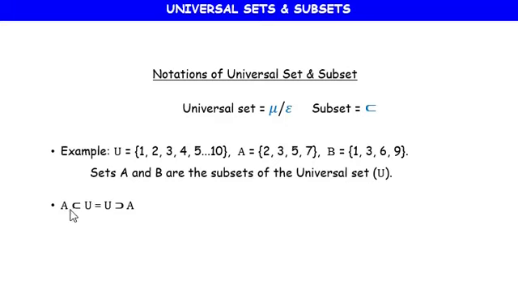So we can also turn it the other way around: we bring the universal set first, then we let the open end face the universal set and the pointed end face the set A. That is how we denote universal sets and subsets. Alright, so let's move on.